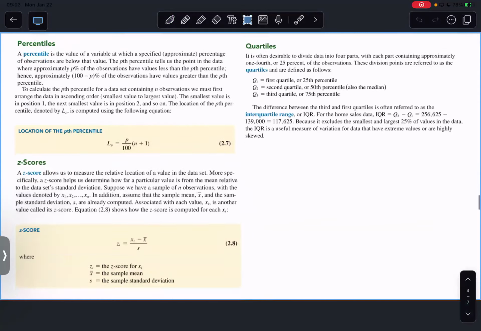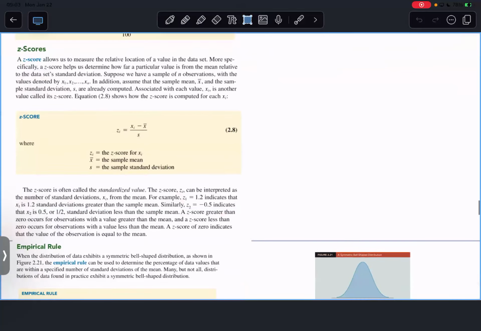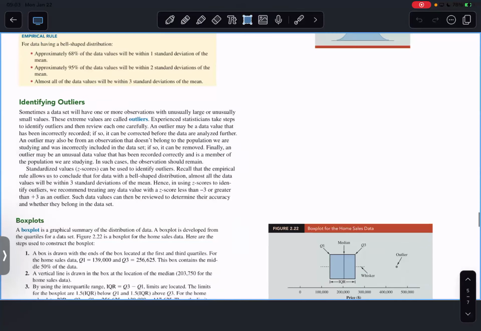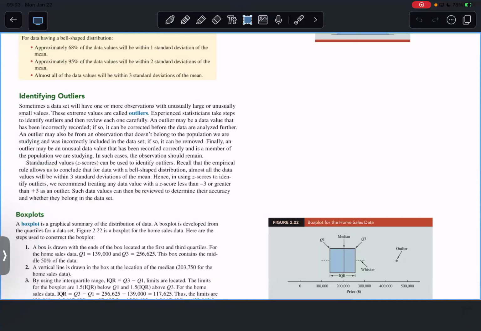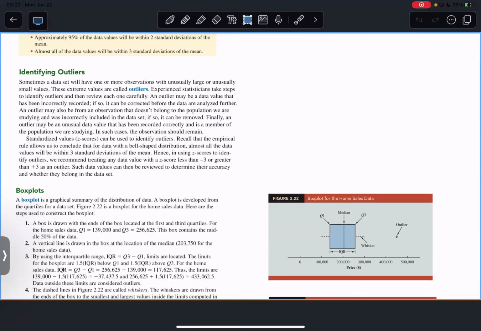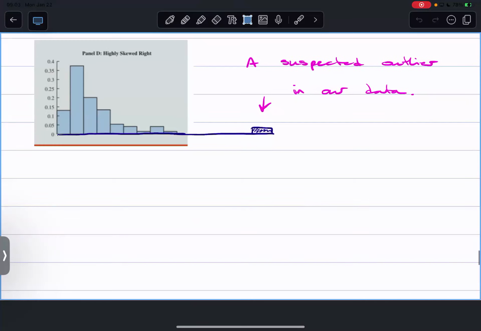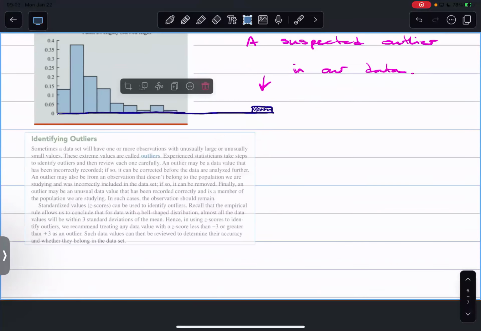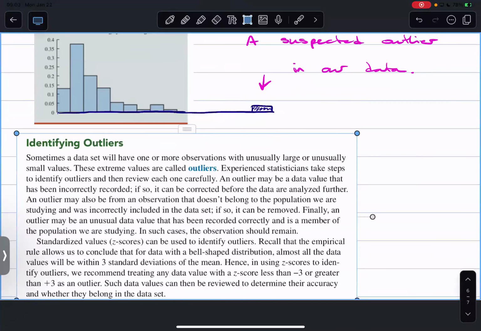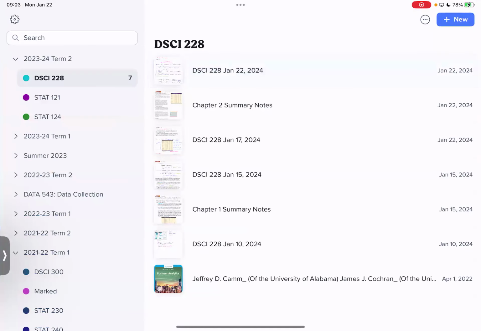So one of the ways that we can determine if we have an outlier is, I jumped ahead. Sorry, guys, got too excited. I wanted to talk about outliers, so I will. This isn't very helpful, but I'm throwing it in there to introduce it.